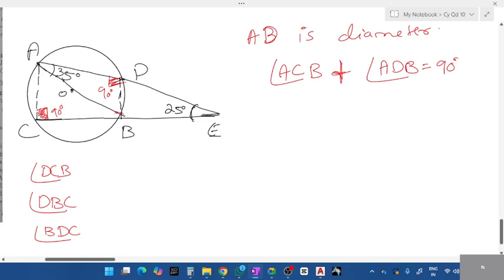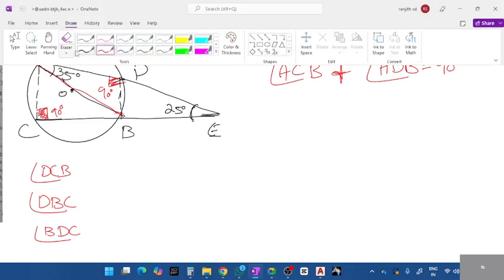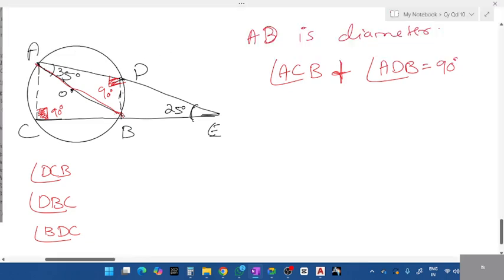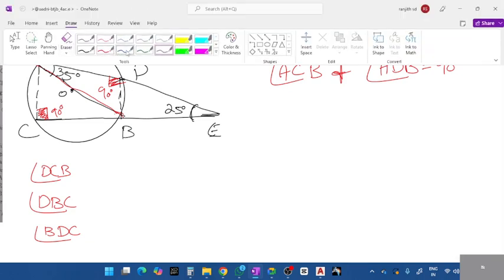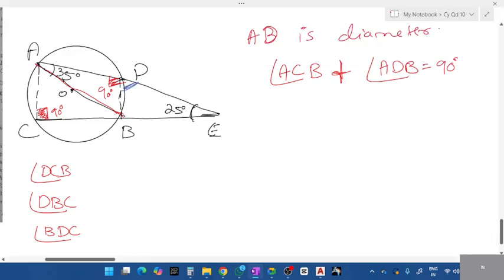So there is no parallel line given. We can't use the parallel line concept. 90. If it's a straight line, what will be the value of BDE, students? What will be BDE?